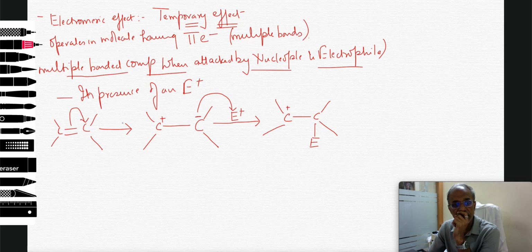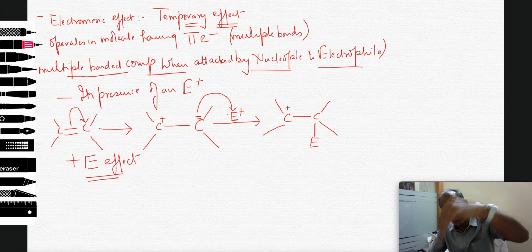So this effect is also known as plus electromeric effect or plus E effect, because the shifting of electron happens on this carbon atom, and the negatively charged electron is going towards the electrophile.